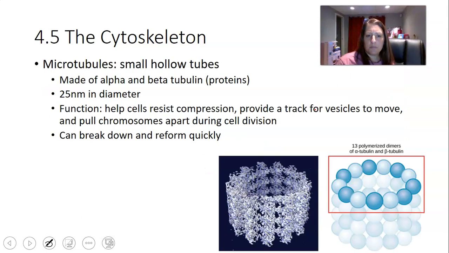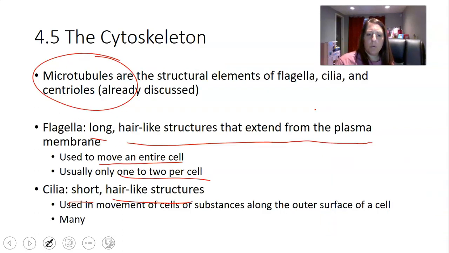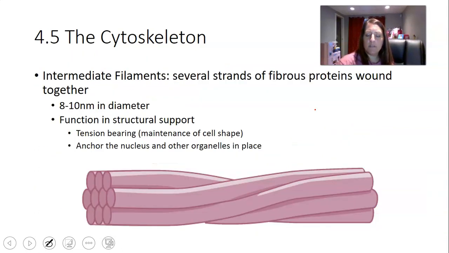Microfilaments and microtubules are both made up of protein subunits, and both of them can be formed and taken apart pretty quickly. Whereas intermediate filaments are made up of these strands of proteins, not subunits, and so these cannot be taken apart quickly.